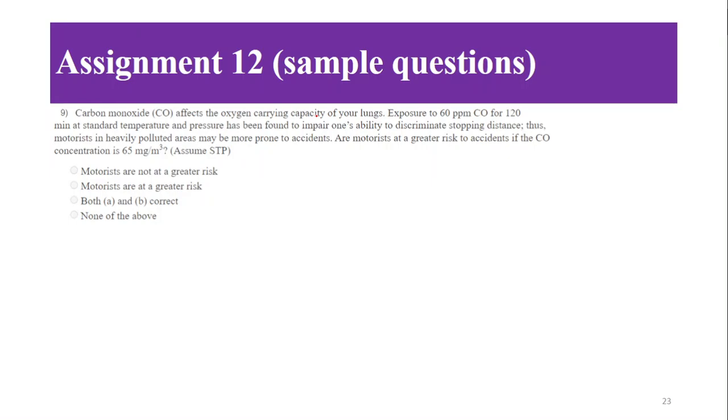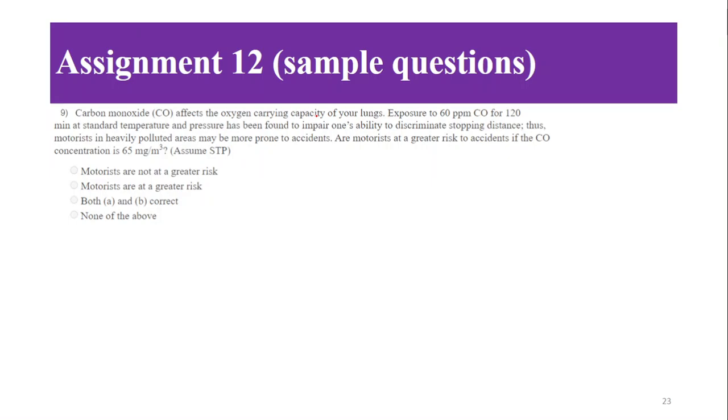Next question. Carbon monoxide affects the oxygen carrying capacity of your lungs. Exposure to 60 ppm CO for 120 minutes at standard temperature and pressure has been found to impair one's ability to discriminate stopping distance. Thus, motorists in heavily polluted areas may be more prone to accidents.